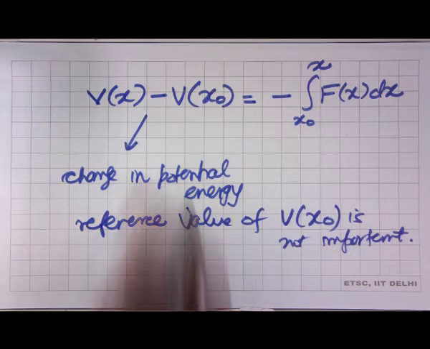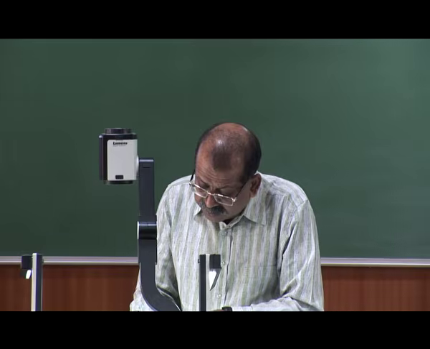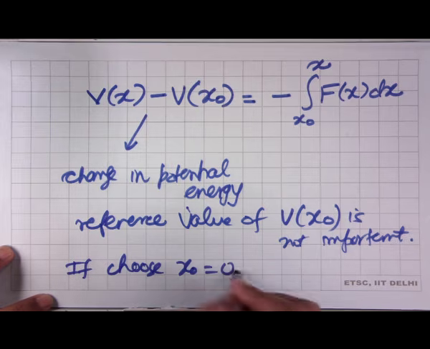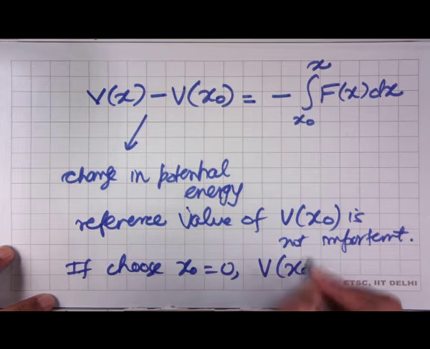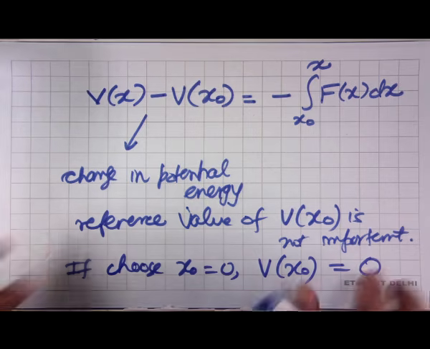We can assign it any arbitrary value we want, and often if we choose x0 as 0, then V of x0 is taken as 0, and this will become clear once we do a couple of examples.